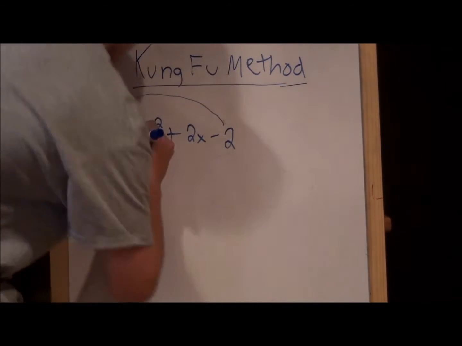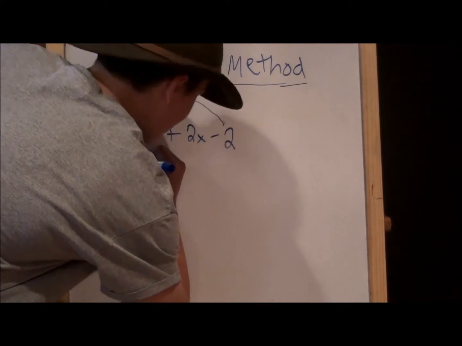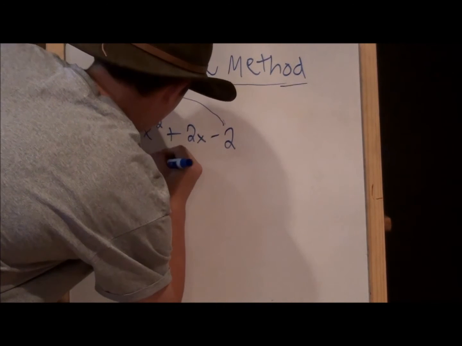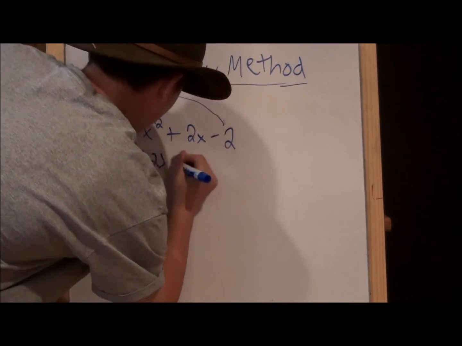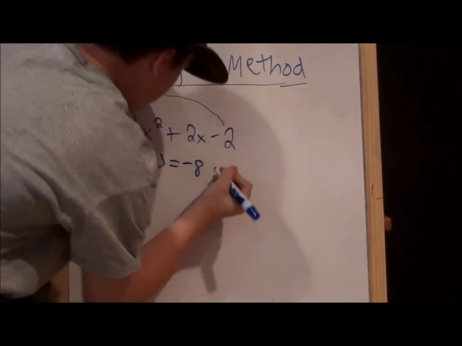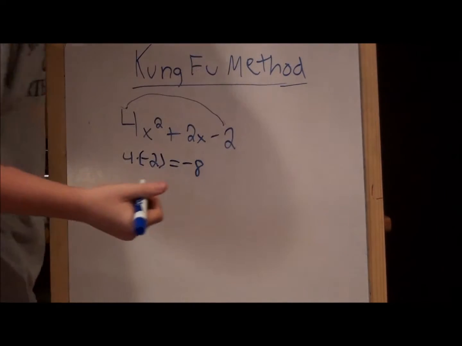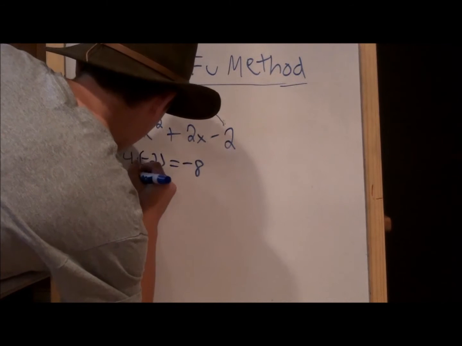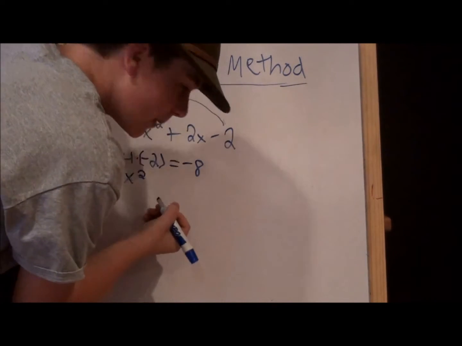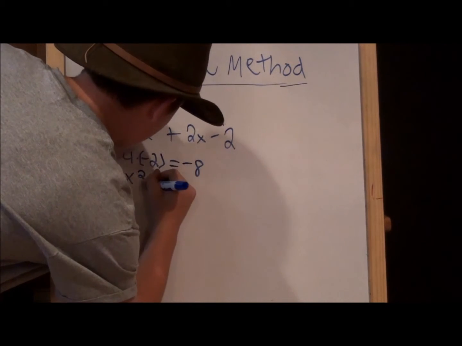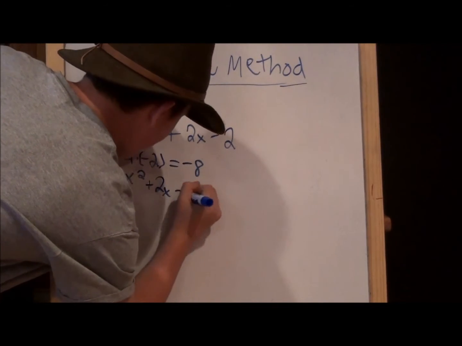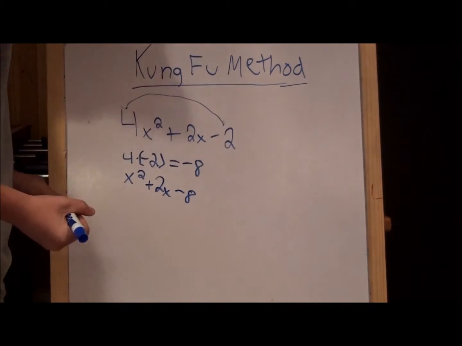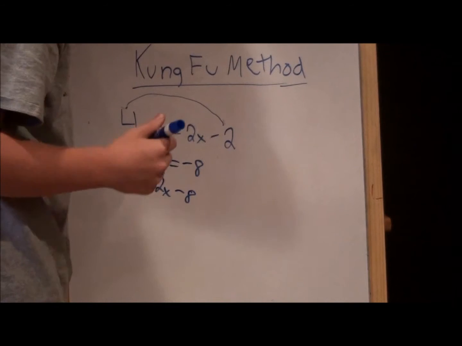You get 4 times -2 equals -8. So then you get another trinomial of x squared plus 2x minus 8. And then you factor that.